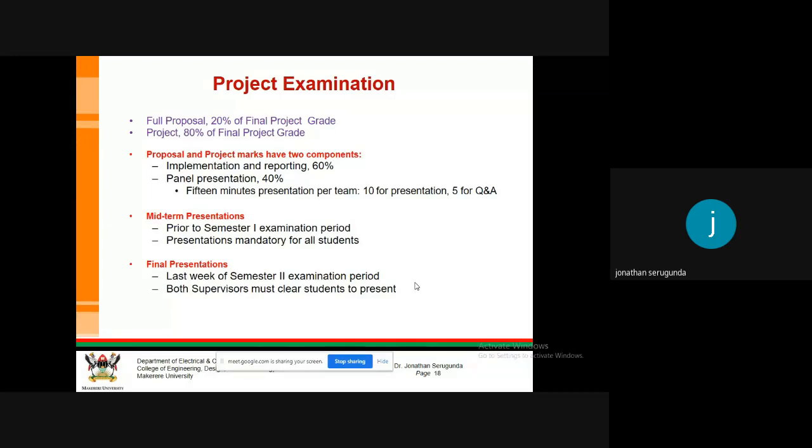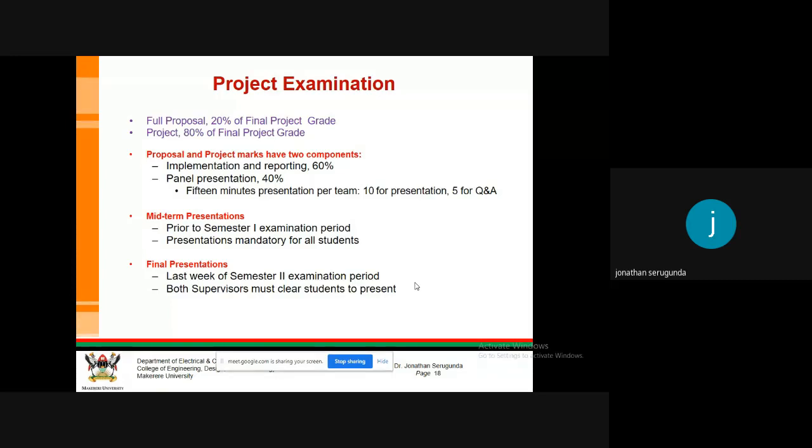So we are of the view that we need to increase the share from the panel, because the panel are really independent people, about 4 people, who will look at your work, and they will give you marks in an objective manner.